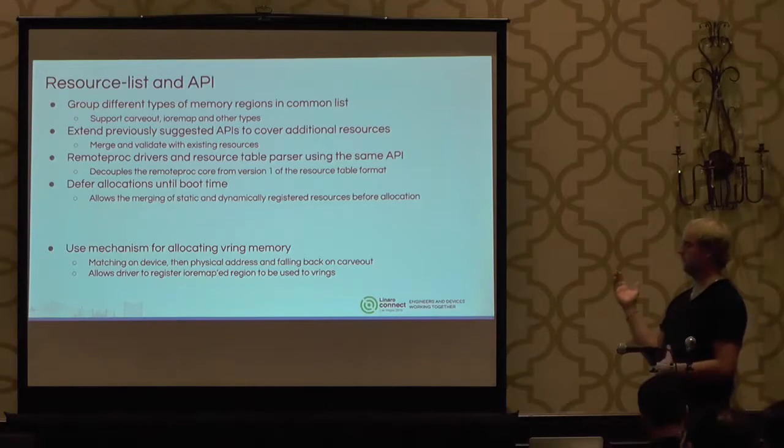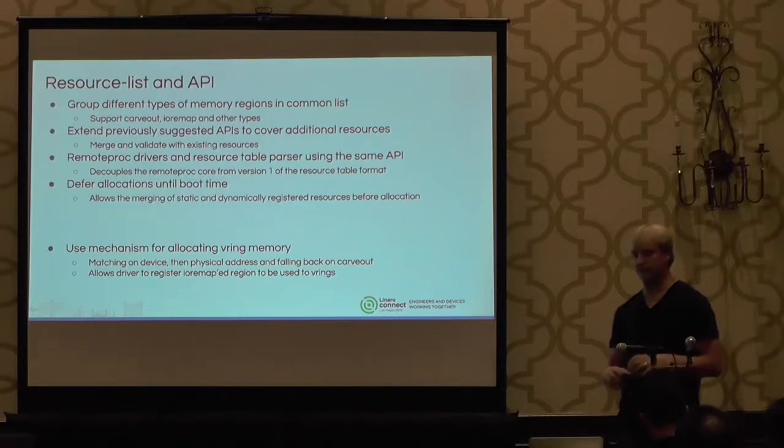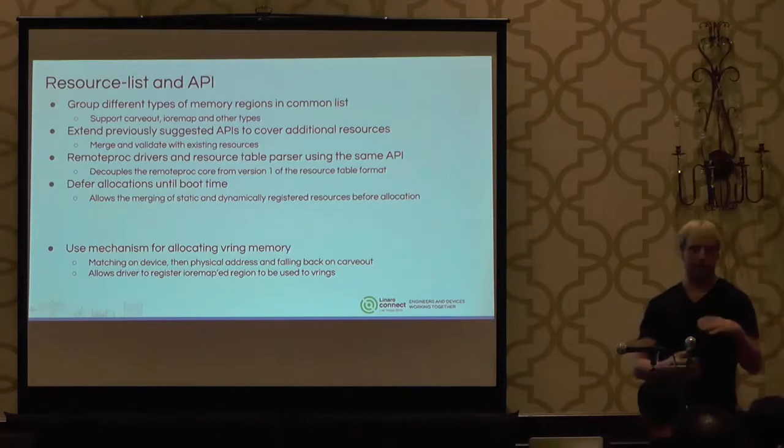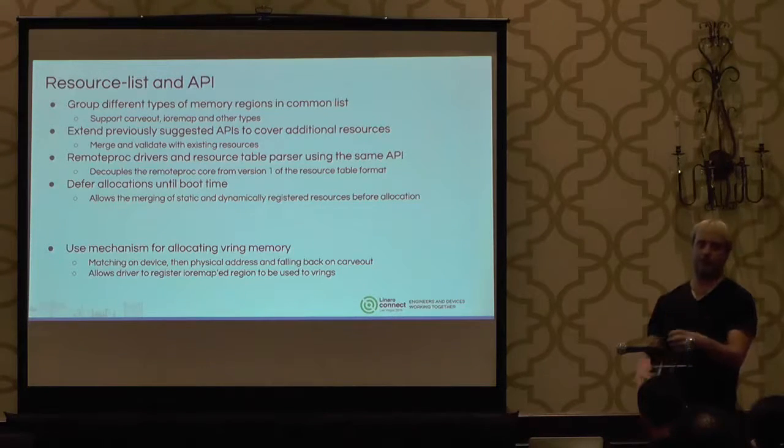So the suggestion here is that instead of operating on the resource table, we parse the resource table into some generic data structure and operate on that, and that would allow us to have different types of memory in that same data structure.